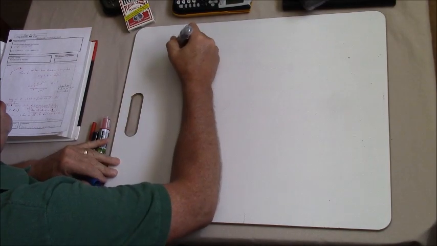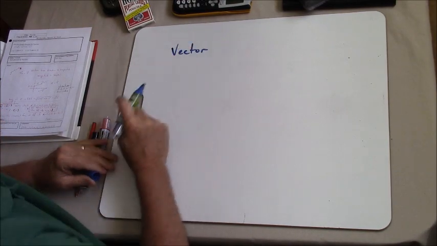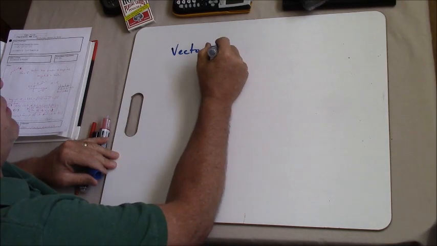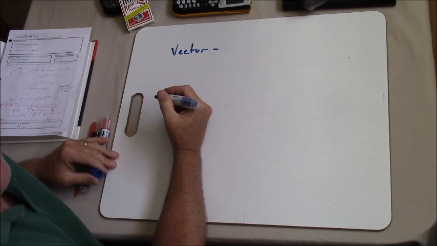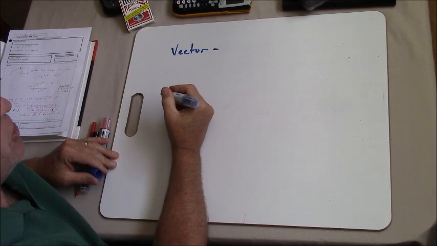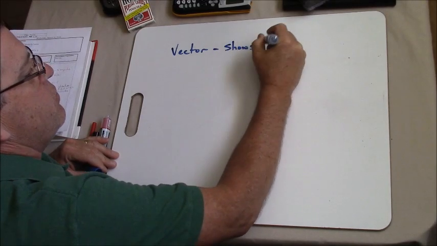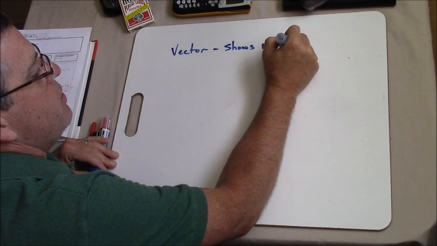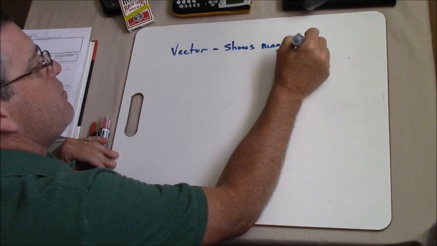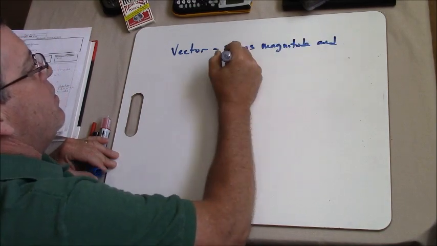So first of all, what is a vector? A vector is something that shows magnitude and direction.